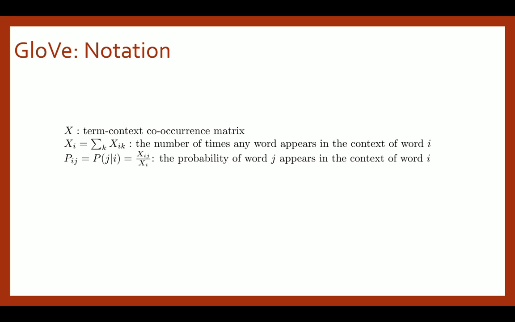Then Pij is the probability of word j appearing in the context of word i, and its maximum likelihood estimate is given by this. So Pij is the probability of word j appearing in the context of target word i. Hope this notation is clear.